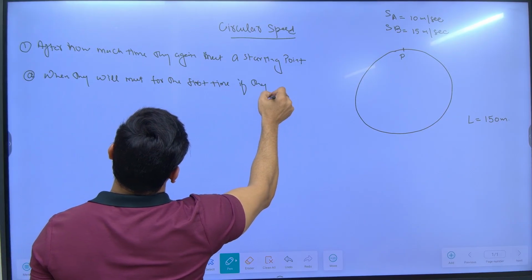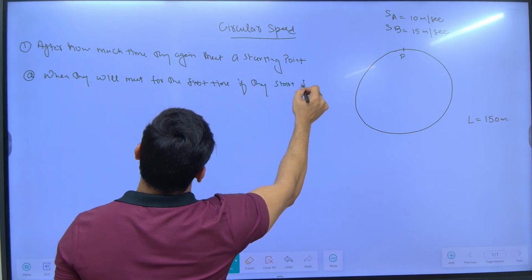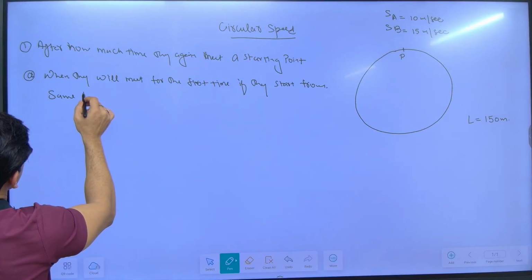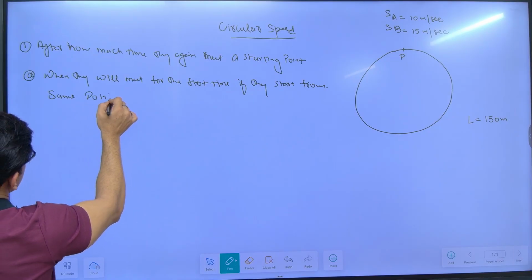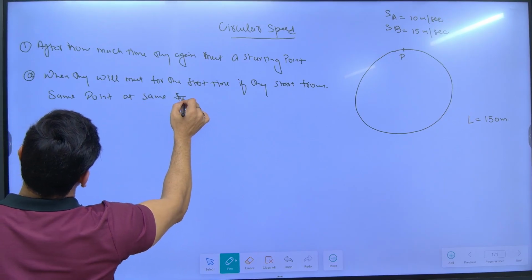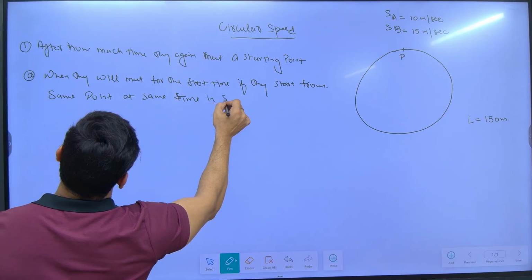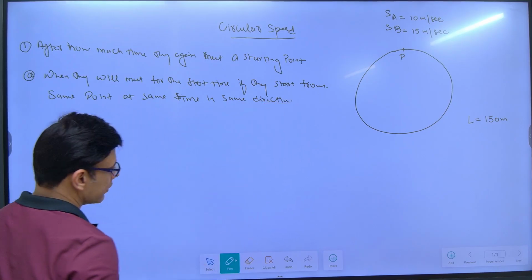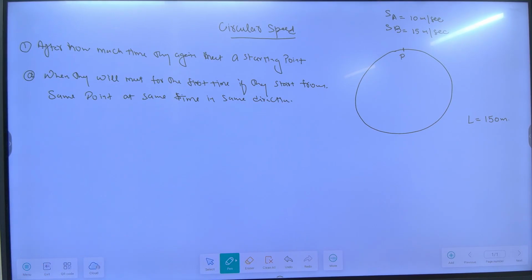If they start from the same point at the same time in the same direction, when will they meet for the first time, if they start moving from point P at the same time in the same direction, right?